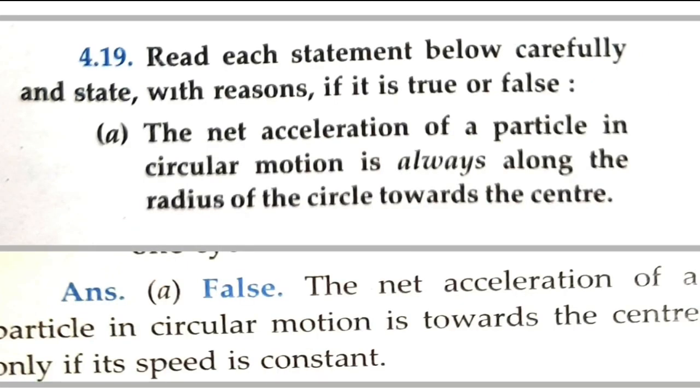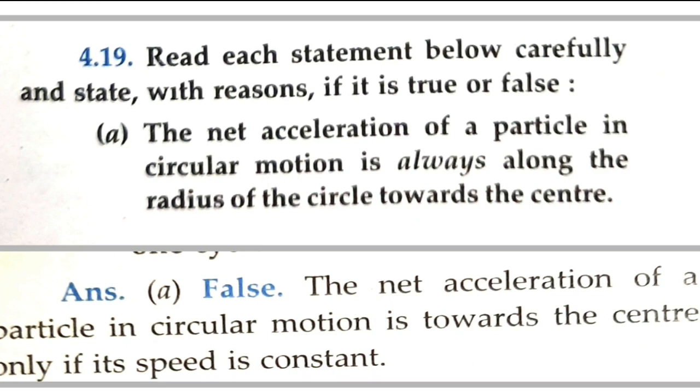Now 419, it is a true or false question. Concepts are very nice, that's why I included. The statement is, the net acceleration of a particle in circular motion is always along the radius of the circle towards the center. See, this statement is a general statement for circular motion, not uniform circular motion.